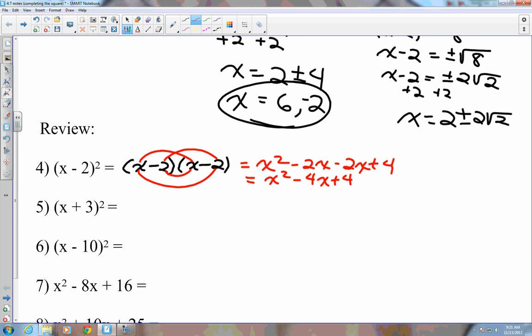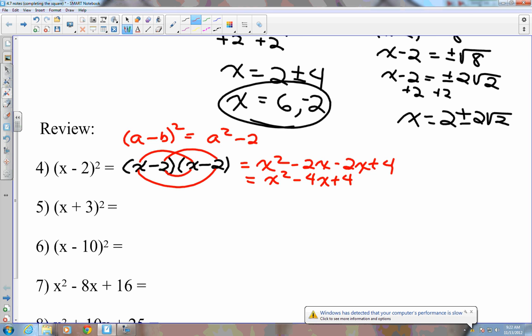Now, I'm going to remind you about a shortcut that we learned. We're going to need to use it today. If I want to multiply this out, but I don't want to FOIL it, do you remember this pattern? a minus b squared equals a squared minus 2ab plus b squared.